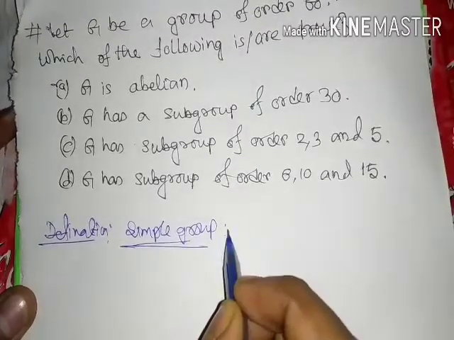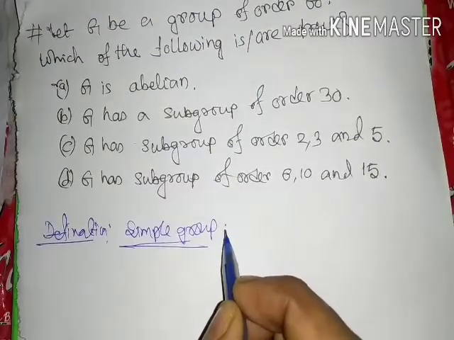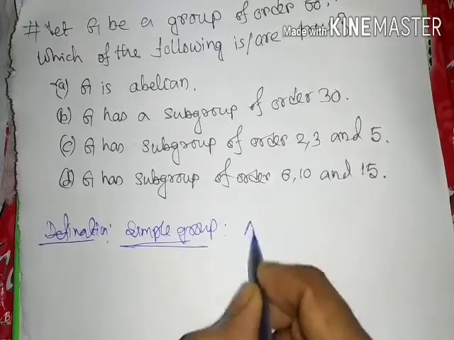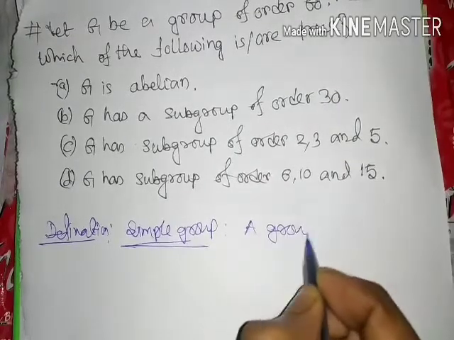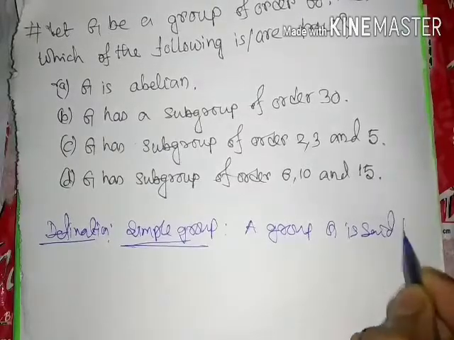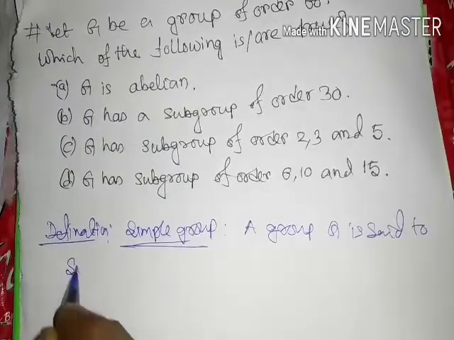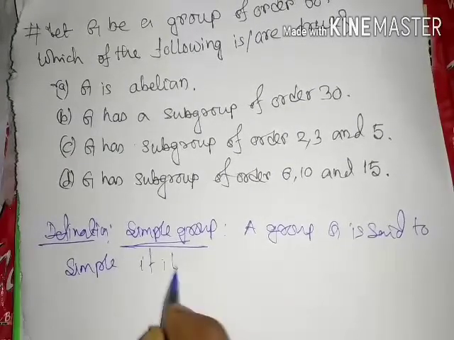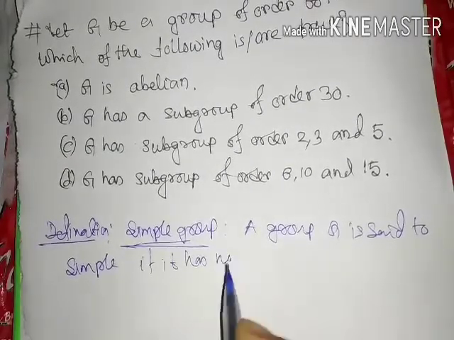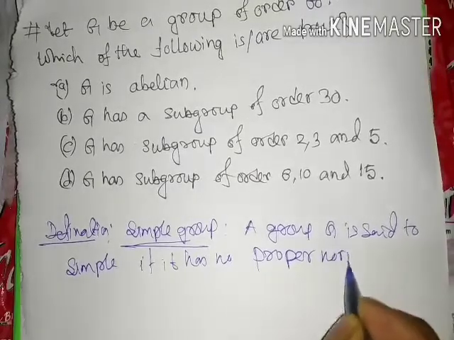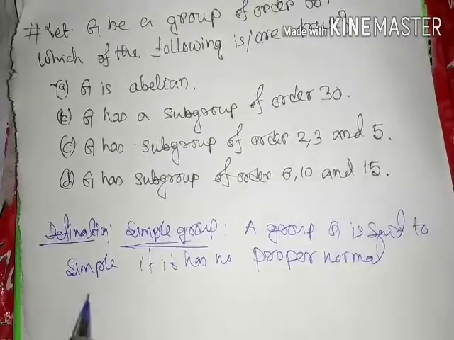A group G is said to be simple if it has no proper normal subgroup.